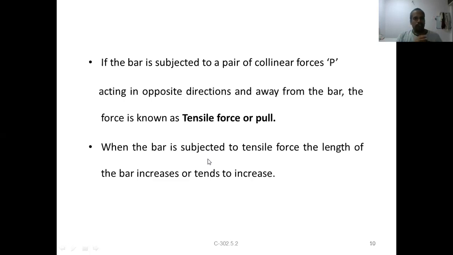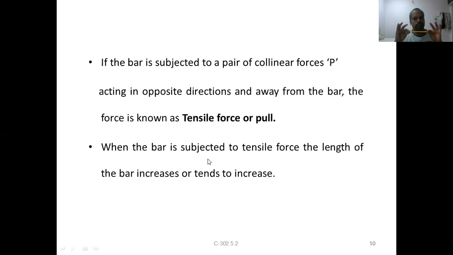But the load is acting. Let us say if we take a pencil here, I am pulling it on both sides, but still if you don't find any change in length, it doesn't mean that I am not applying load. I am applying the load, but there is no increase in length, because whatever amount of load I am applying may not be sufficient to increase the length.